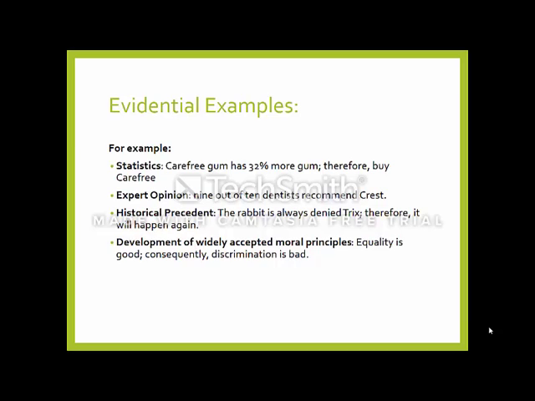That's your expert opinion. Historical precedents are also something that you can consider, and then you can also use anecdotal information about a story, or you can develop widely accepted moral principles, for instance, equality is good, so discrimination is bad. Obviously, that is a morally accepted principle in the world. So those are just some examples.